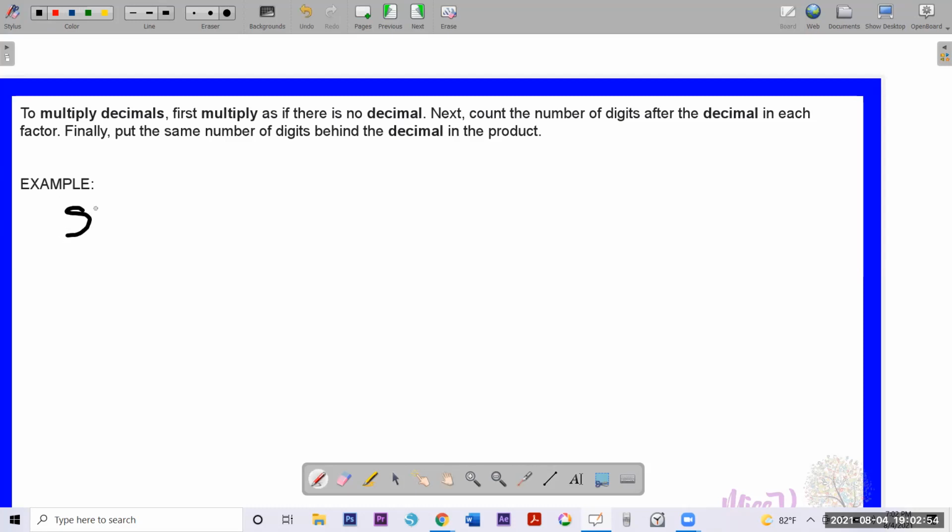Step 1: multiply regularly. That means you would set it out just like how you would set it out.